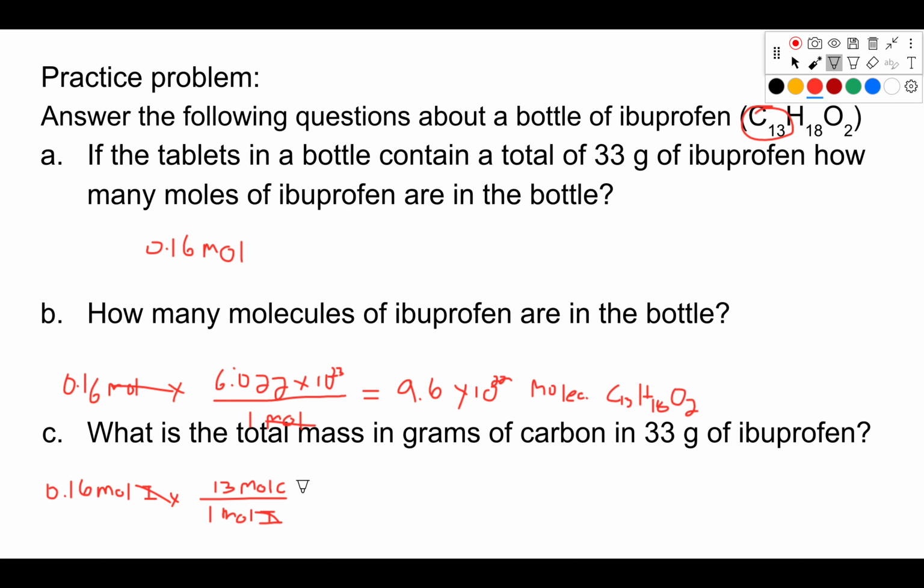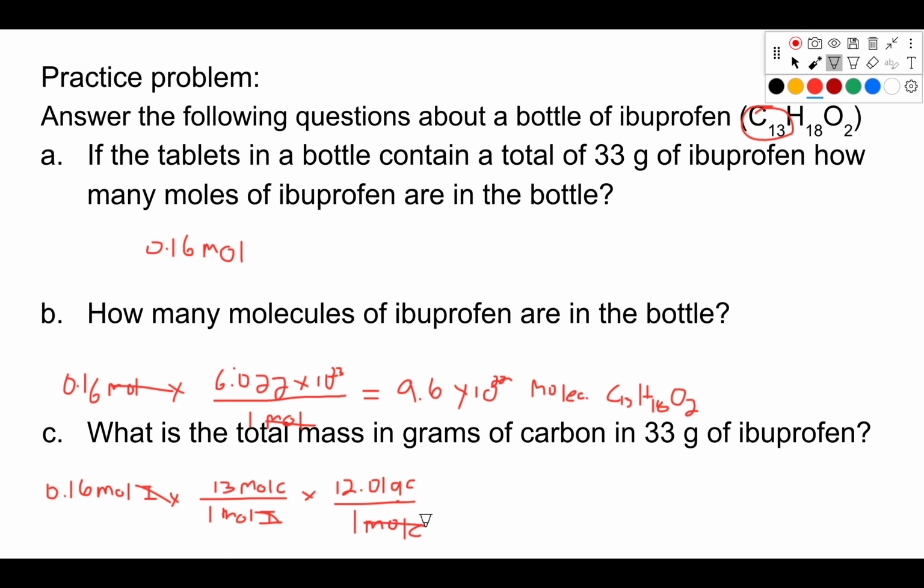So then we need to take this one step further and convert from moles of carbon into grams of carbon. And to do that, we need carbon's molar mass. So we can look back at the periodic table and see that carbon has a molar mass of 12.01 grams of carbon for every 1 mole of carbon.